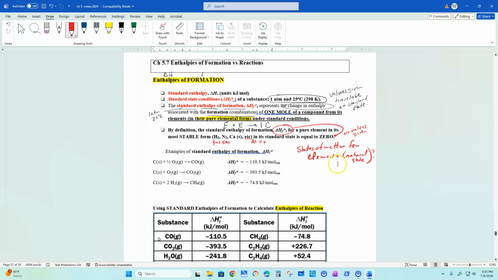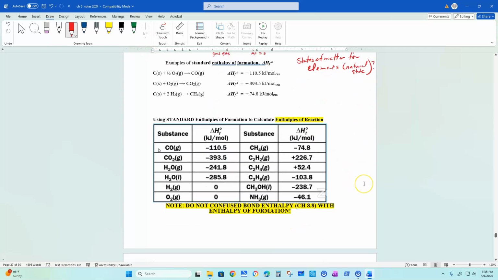As you see right here, I took a screenshot of a chart with standard enthalpy values. Notice this little degree sign. That little degree sign is what the standard represents. It means 1 atm, 25 degrees Celsius.